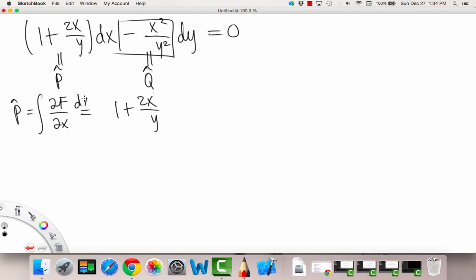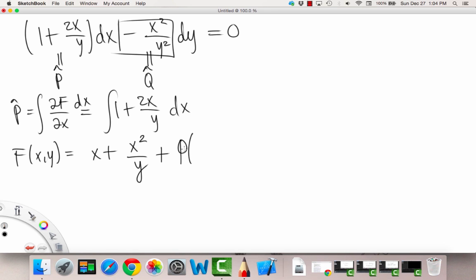If we integrate with respect to x on both sides, we get f of xy is equal to x plus x squared over y, plus phi of y, just in case there's a single variable function of y that disappeared.